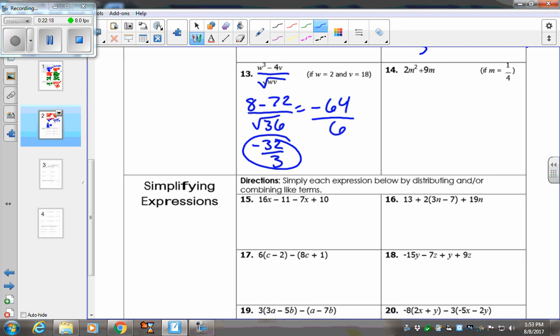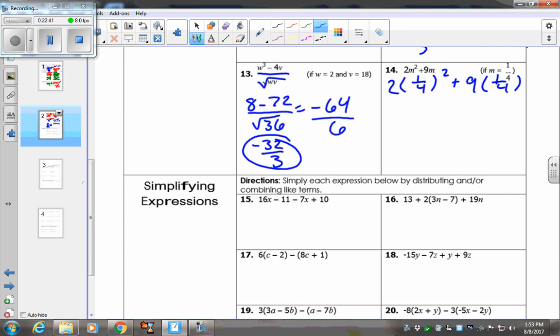All right, one more like this, except the M is the dreaded fraction. So we're going to have 2 times 1/4 squared plus 9 times 1/4. When you are squaring fractions, you square the top and you square the bottom.